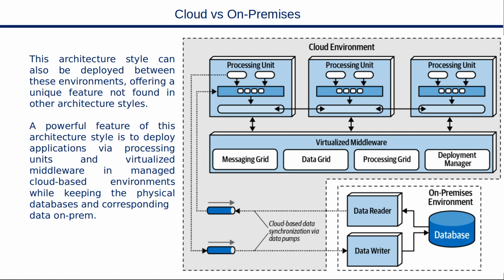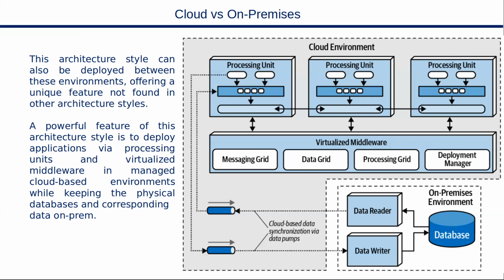What it means, for example, is that you can deploy on the cloud the processing units and virtualized middleware, which work a little bit similar to microservices. So you will be able to increase your instances. You will have something like a load balancer, data grid, and so on.